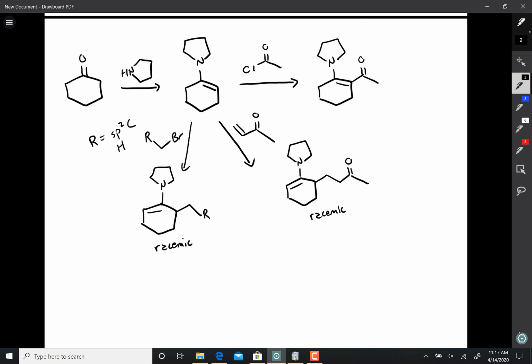And then each of these, when you expose them to water, the enamine is replaced with a carbonyl.